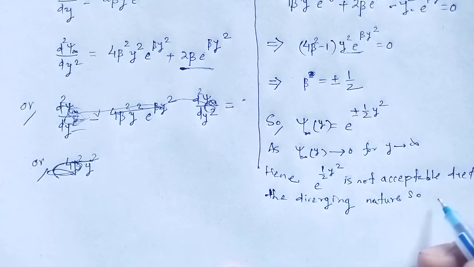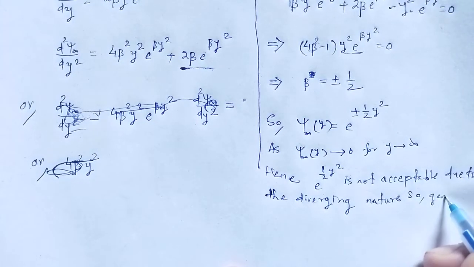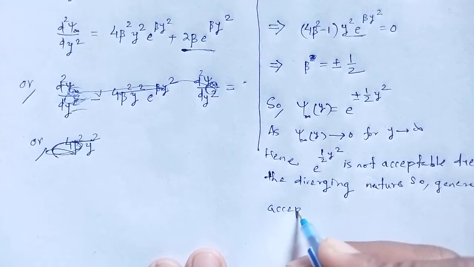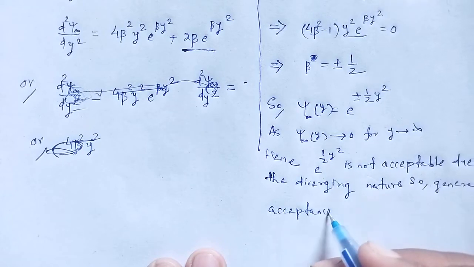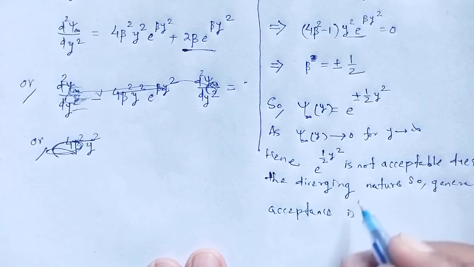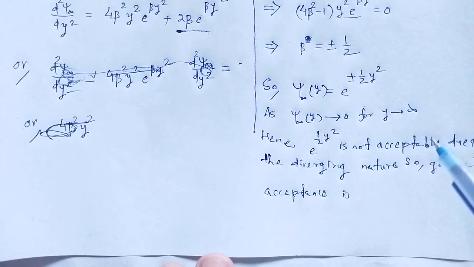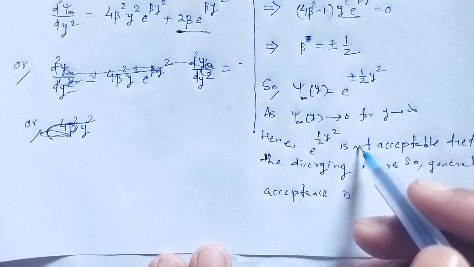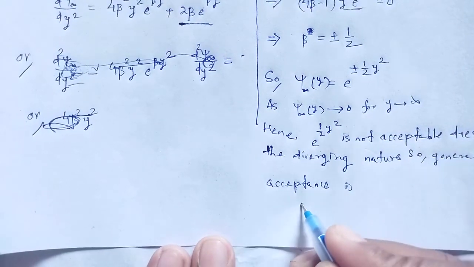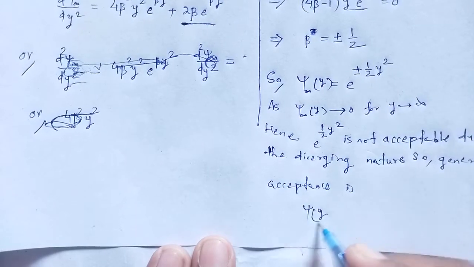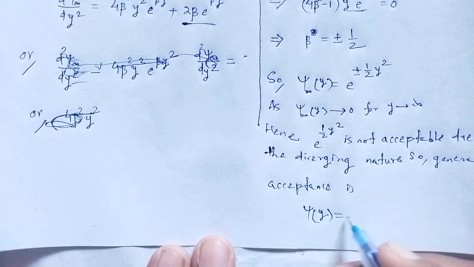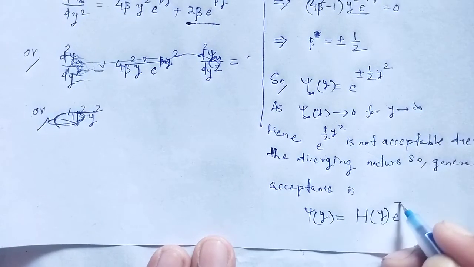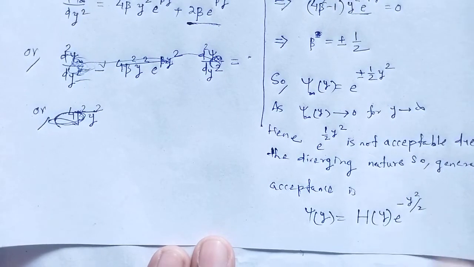So the general acceptable solution is the negative one: psi of y is equal to h of y e to the power minus y square by 2.